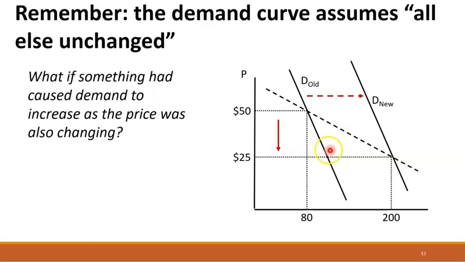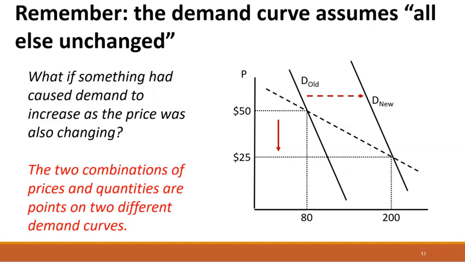But if at the same time something had happened to increase demand for our product, then not only did we cut our price, but demand for our product also increased. So this new price quantity combination lies on a different demand curve. I'm just giving you this example to illustrate the fact that we have to be careful.